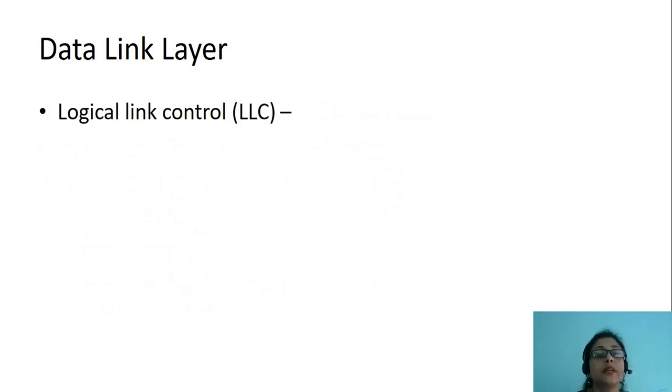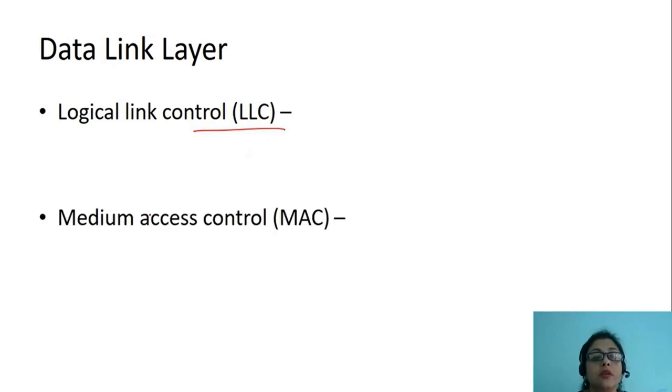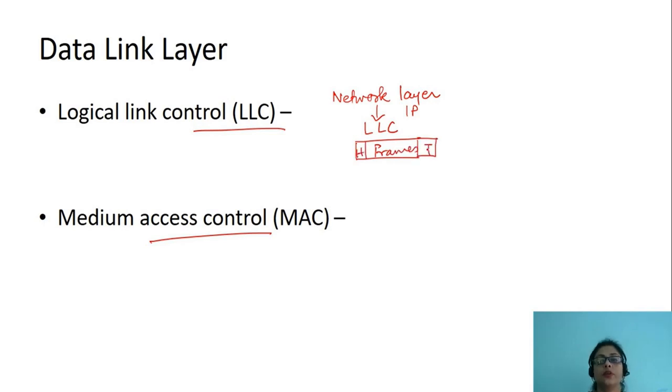So data link layer basically has two sub-layers. One is called the logical link control layer, and the other one is called the medium access control layer. This logical link control layer is closer to the network layer, and it converts the IP from the network layer to frames, giving proper header and trailer to the frames.